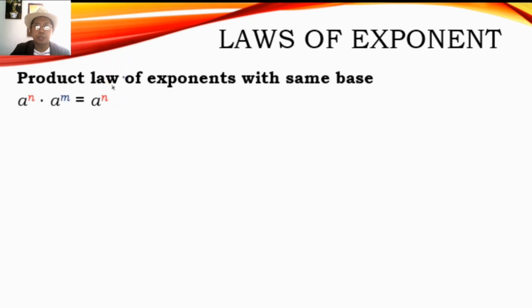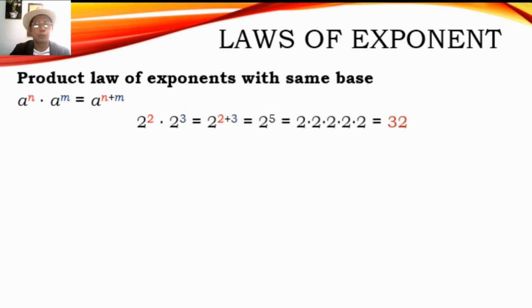To understand the product law of exponents with the same base, we will be using this sample. You will notice that I have 2 raised to the second power multiplied by 2 raised to the third power. Now what did I do?